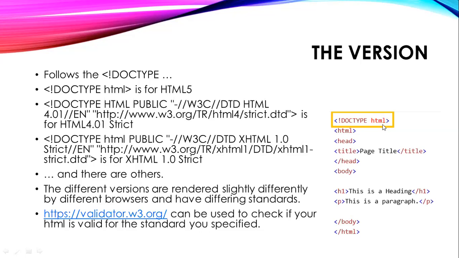The different versions of HTML, as I said before, display differently. They have different standards, and if you were to change that and display certain tags in different browsers, they'll display differently. So by using the same standard and defining it at the top of your document... you could leave it out, but that could actually cause the same website to render differently in different browsers, which you don't want for a good user experience, right?